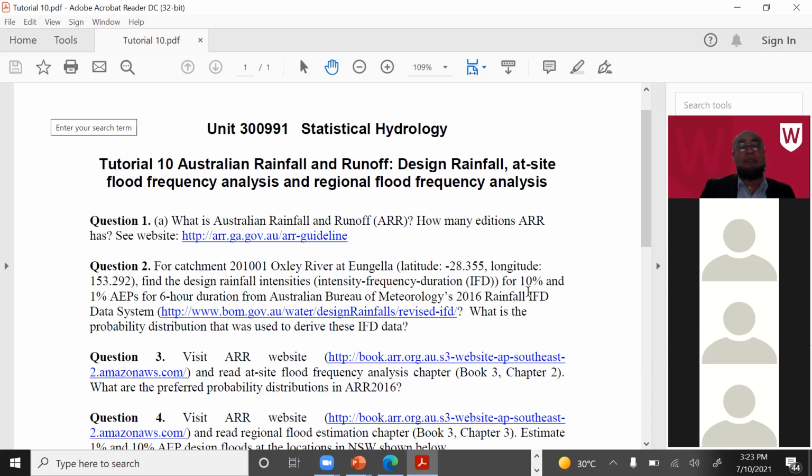So now for any location you should be able to find out the IFD. This is very, very useful information for all the stormwater design problems. You need the IFD, and it is so easy to use now. In the 1987 version, it was quite complex.